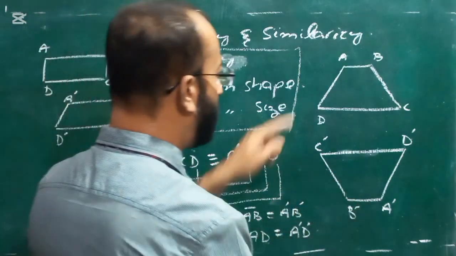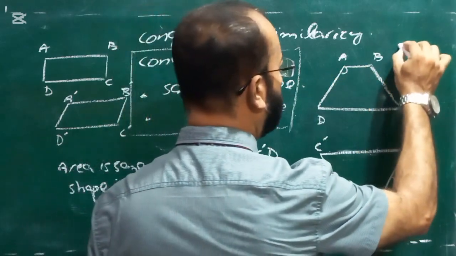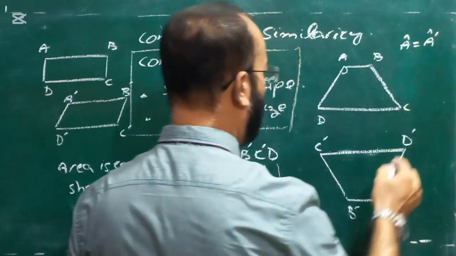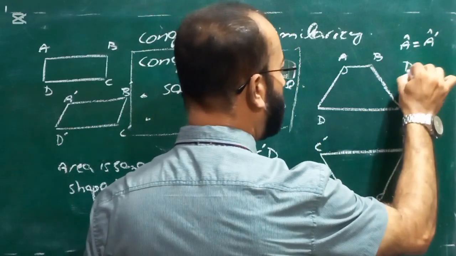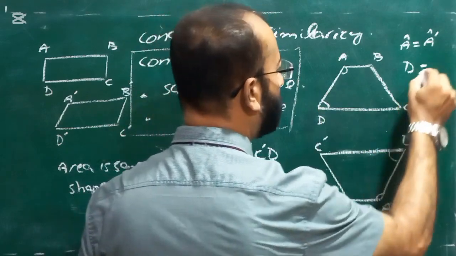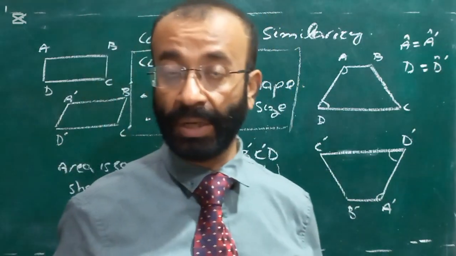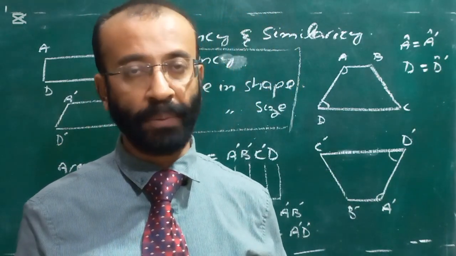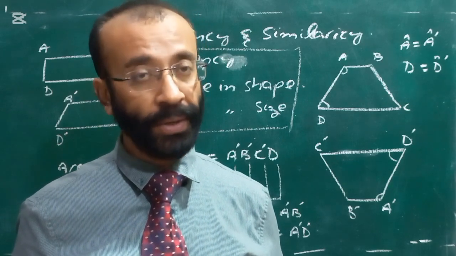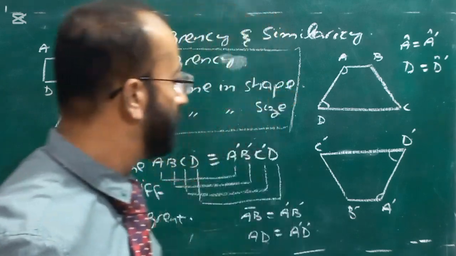For example, in this case, this A angle will be equal to A dash angle. This D angle is equal to D dash angle. So for the congruent figures, corresponding sides are equal and corresponding angles are equal. Okay, now we are going to solve some questions that will make your concepts more clear.